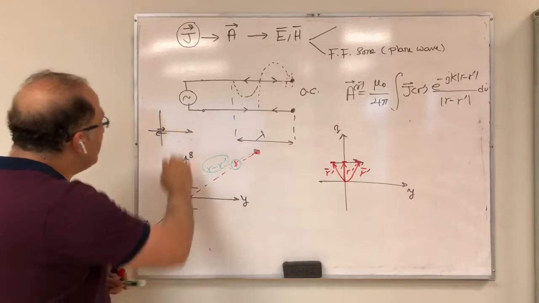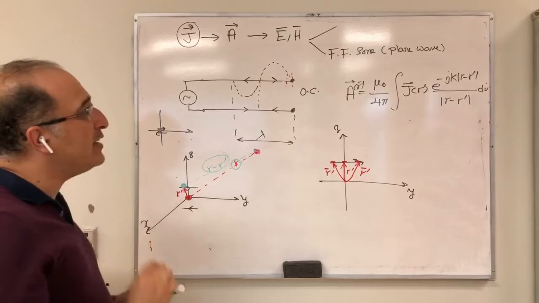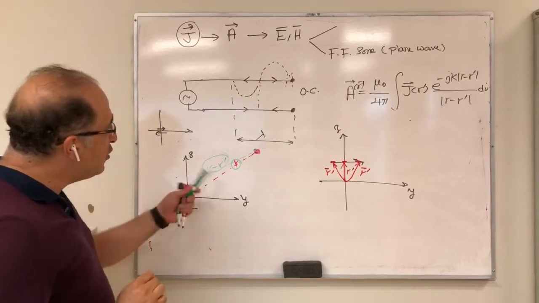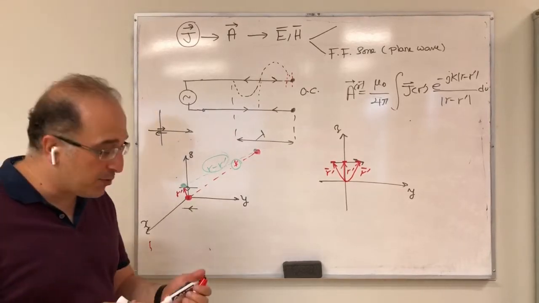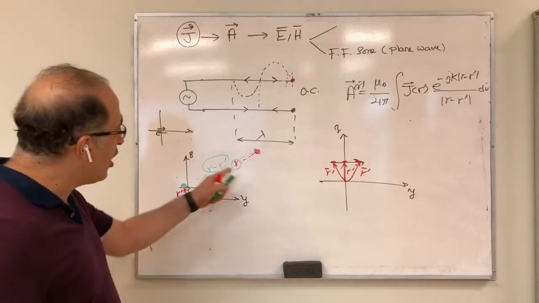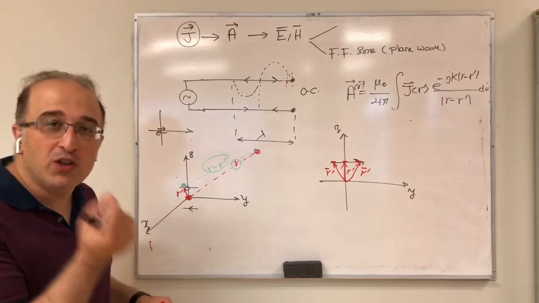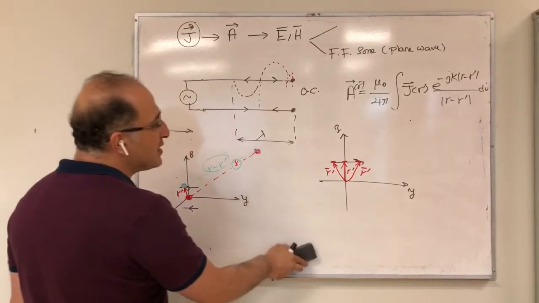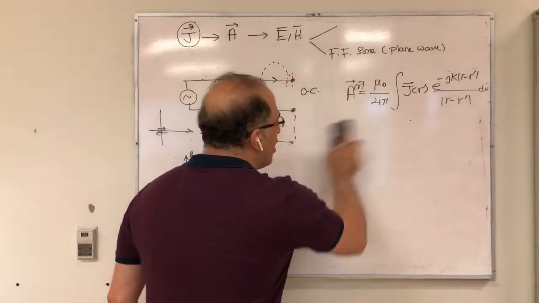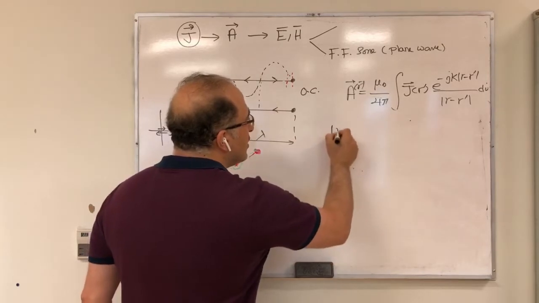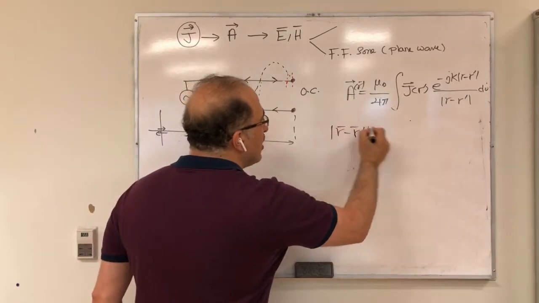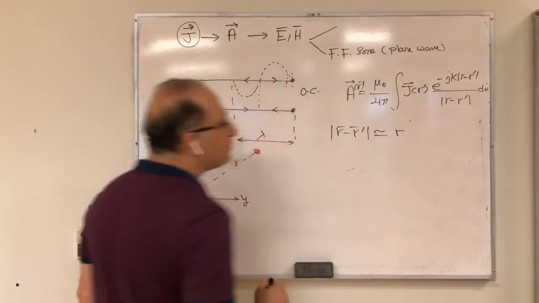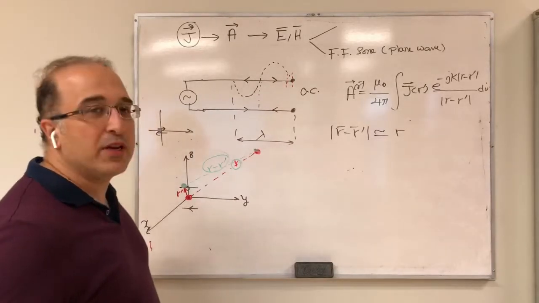That's why, when these two wires are so tiny and so close to each other, you can approximate R minus R prime with just R, because R prime is so tiny. So for this transmission line, think of R minus R prime as just R.